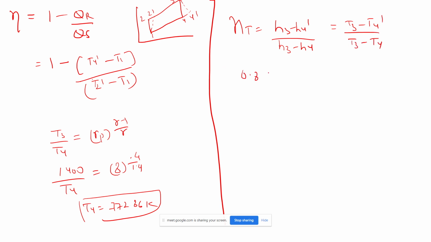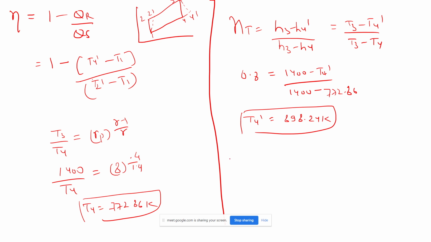So can anybody tell me what value of T4 dash you have got? T3 is 1400 minus T4 dash, upon 1400 minus 772.86 Kelvin. So what is the T4 dash you have got? 898.24 Kelvin. Okay.